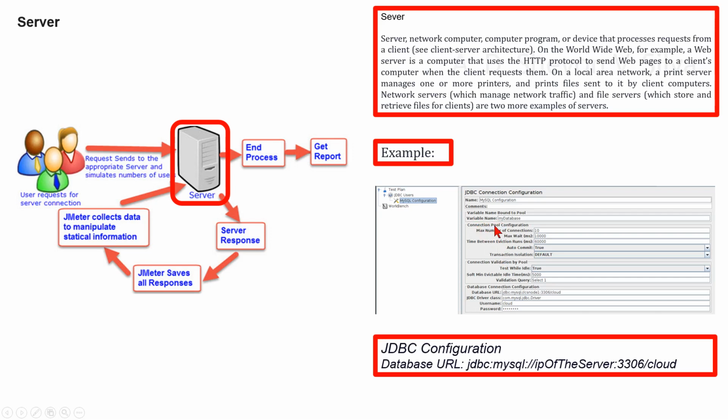Several different JDBC configuration elements can be used, but they must have unique names. Every JDBC request must refer to a JDBC configuration pool. More than one JDBC request can refer to the same pool.